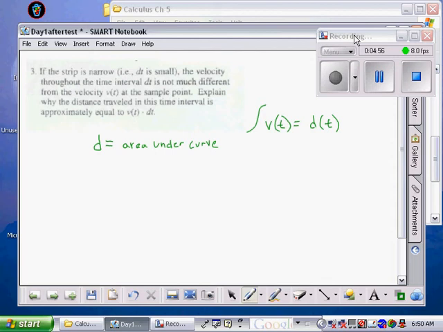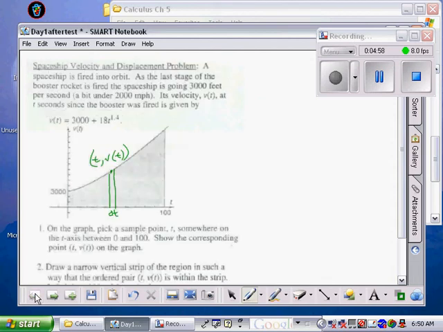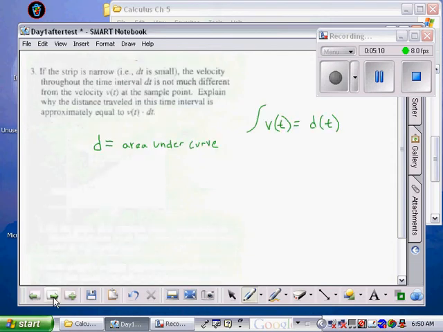So if I'm going to find the area under the curve for this strip right here, it's not quite a rectangle, but what they're getting at here is that we're going to take the height of it times the width.